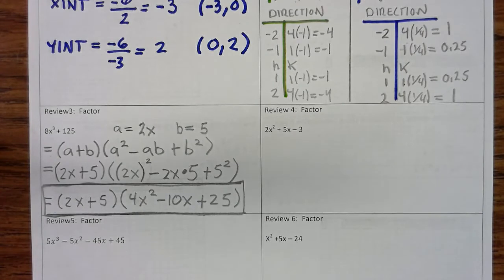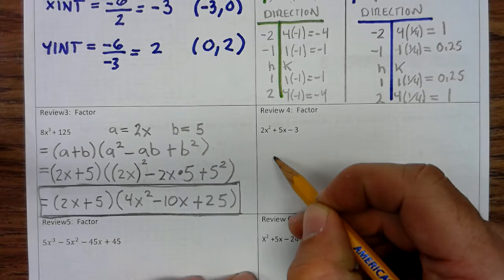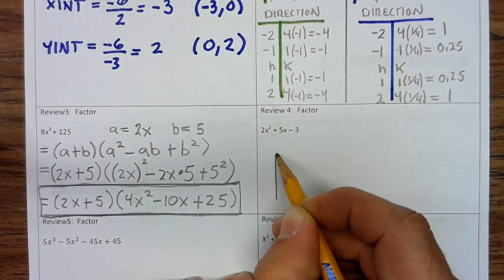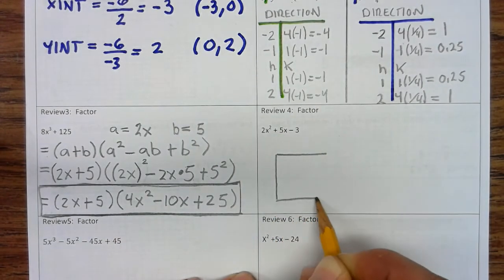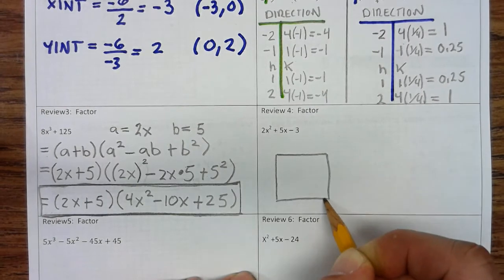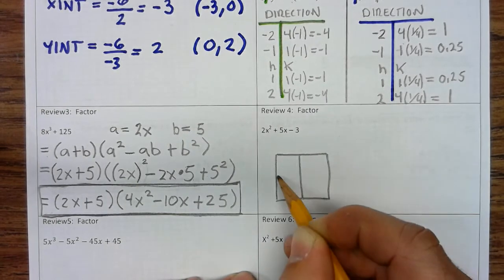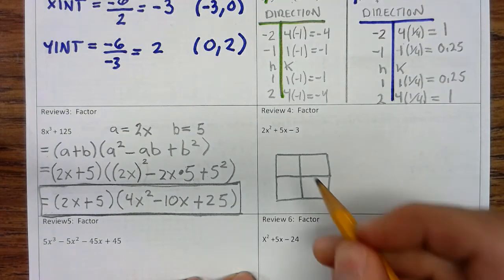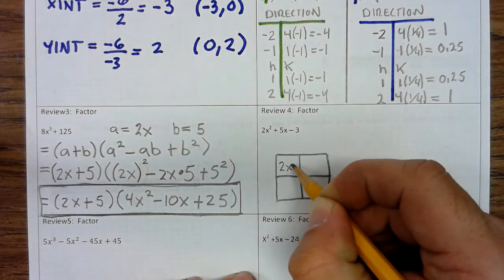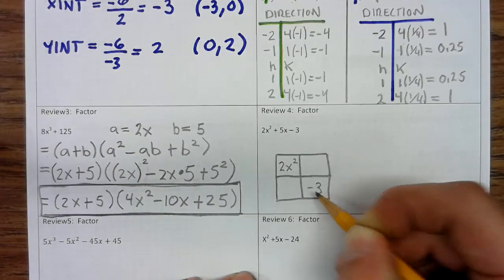All right, so let's review 4 factor. Now, in review 4, you're going to use the box method to factor. Okay, now, for all you boxers out there that were unhappy with the time it took drawing boxes, I'm going to freehand these just for you. Okay, so we know first term, last term.